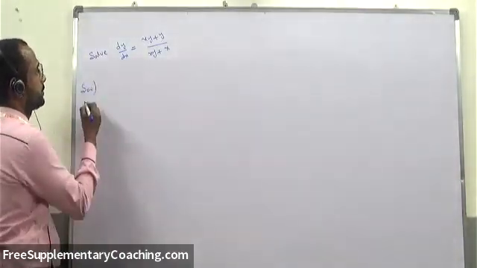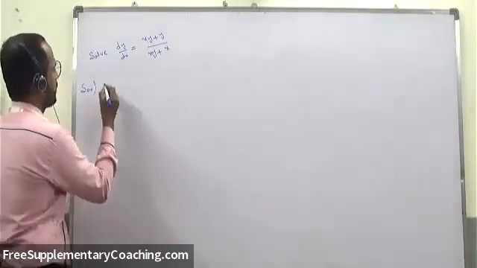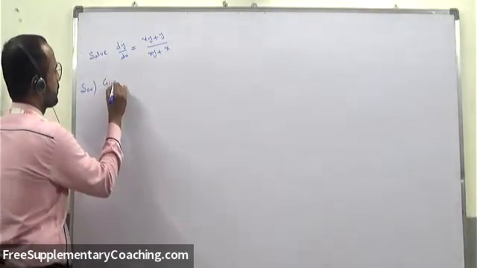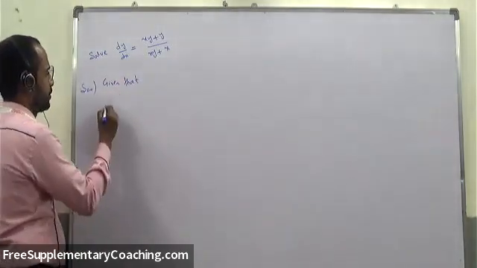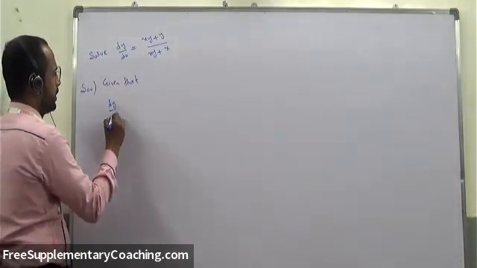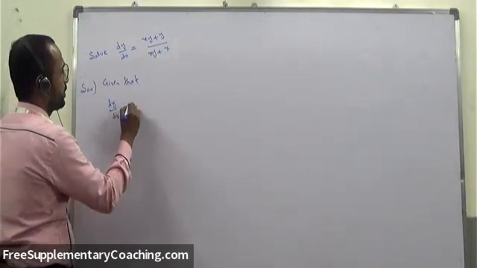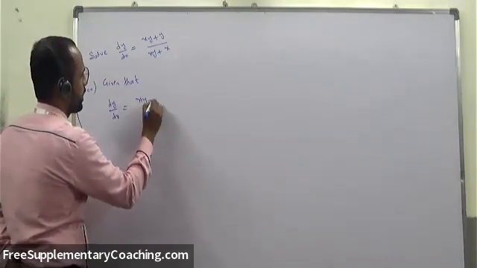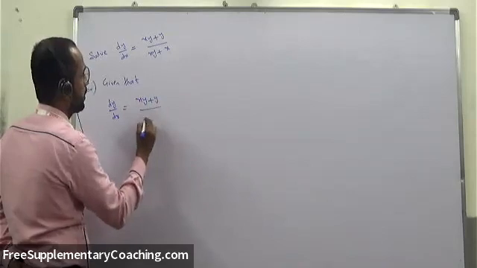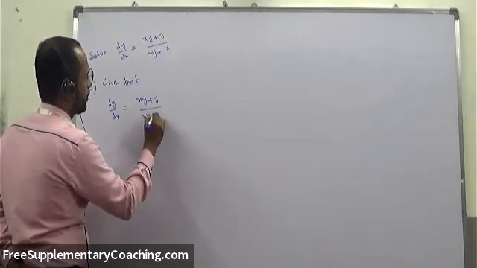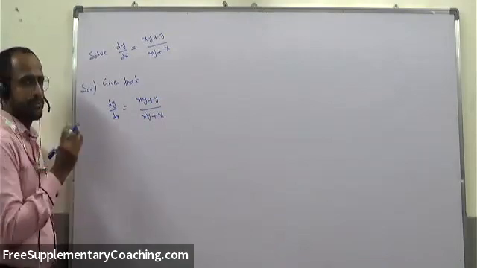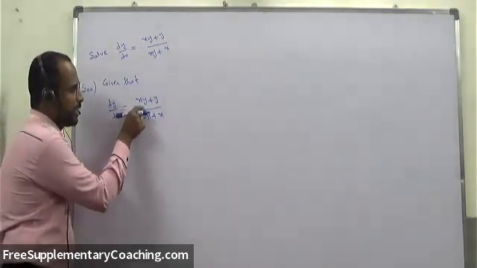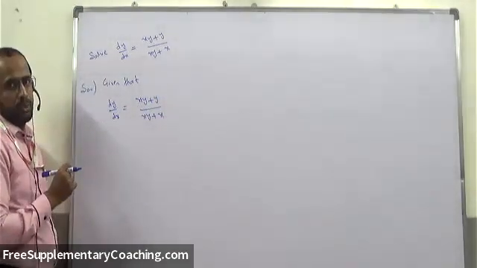Solution. Given that, what is given to us? dy by dx is equal to xy plus y divided by xy plus x. Okay. So from the numerator, take y common.